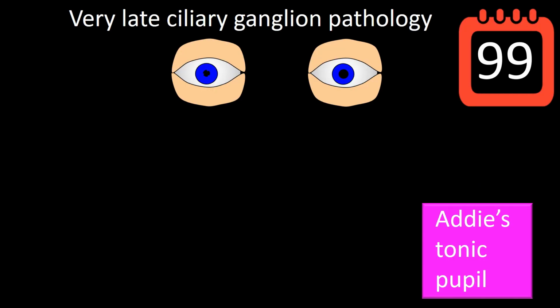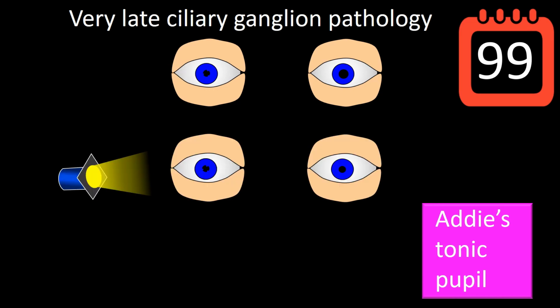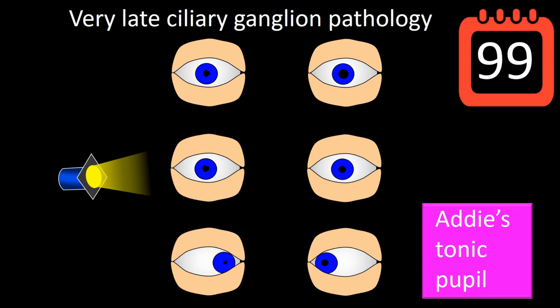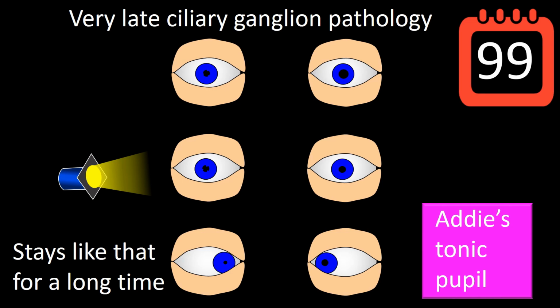After about 3 months or even longer from the initial symptom, the pupil becomes smaller and irregular, as you can see here. Light produces contraction of some but not other sectors in the affected pupil. Convergence makes the pupil very small and it stays contracted for a long time.